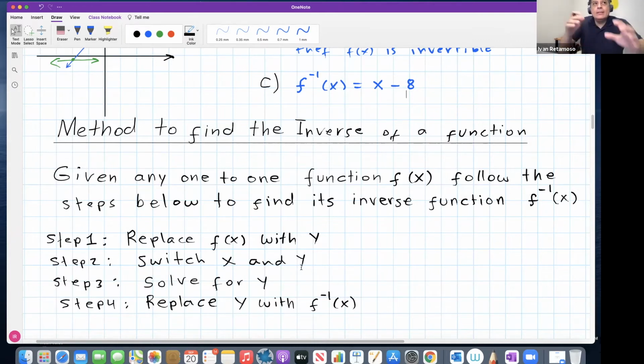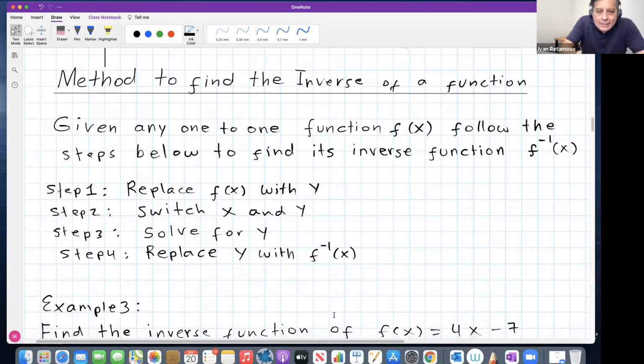Remember, the inverse function compared to the original function, the output value becomes the input value and vice versa, right? That justifies this step. Step 3, solve for y. This is the longest step. I will explain to you. And step 4, replace your y with f inverse of x, right? This is just for a final notation.